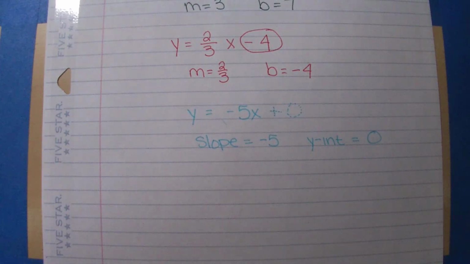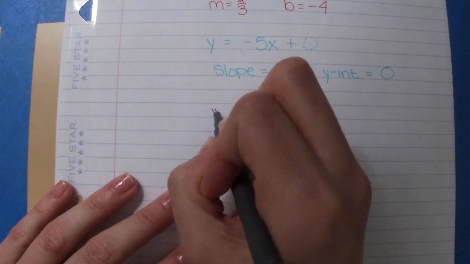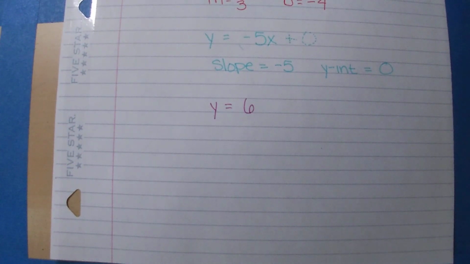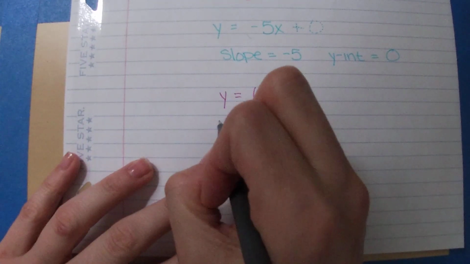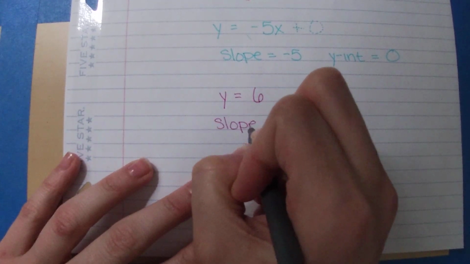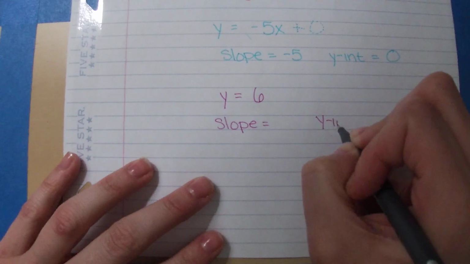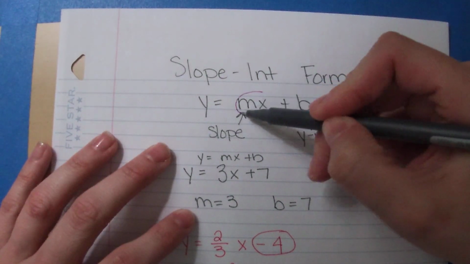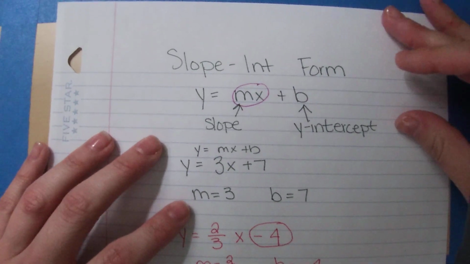What if I have y equals 6? Now in this case, we have to be a little bit careful because it can be really tempting to say that our slope equals 6. But remember, our slope is our m, which is always in front of the x.